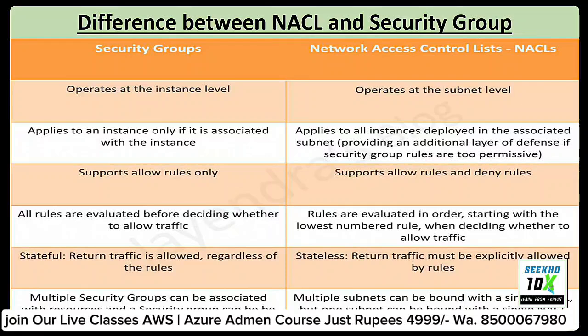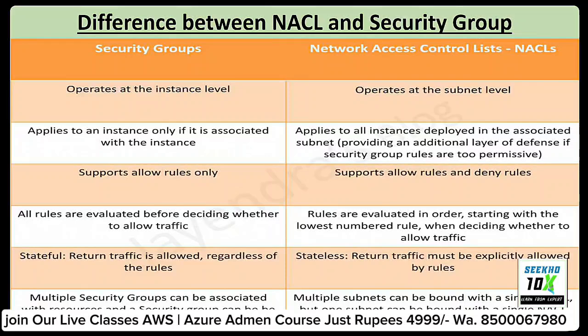Which will be applied? The lowest number, which is 90. So first it checks rule 90 and denies the traffic, so it won't allow it, even though the second rule is an allow. If you keep 90 as allow and 100 as deny, then first it allows, and the traffic is allowed.